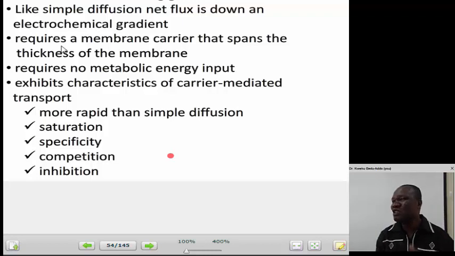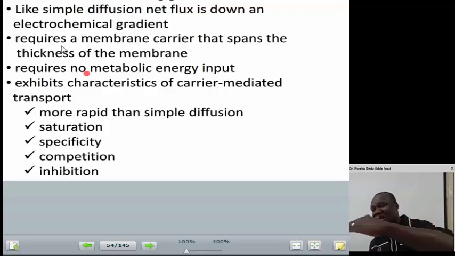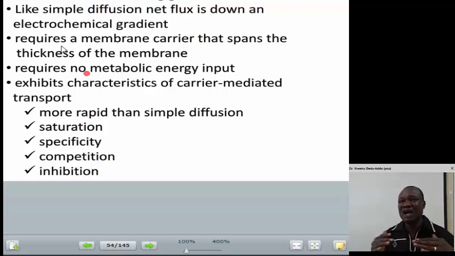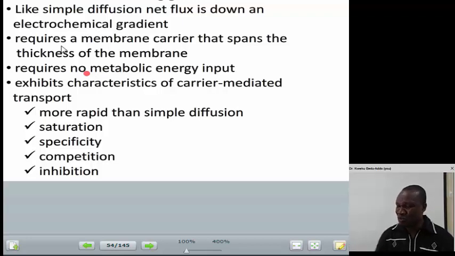And I'll go back to my example, swimming across the river and moving across the river in a boat. Moving across the river in a boat is faster than moving across the river swimming, right? So the facilitated diffusion is more rapid than simple diffusion.